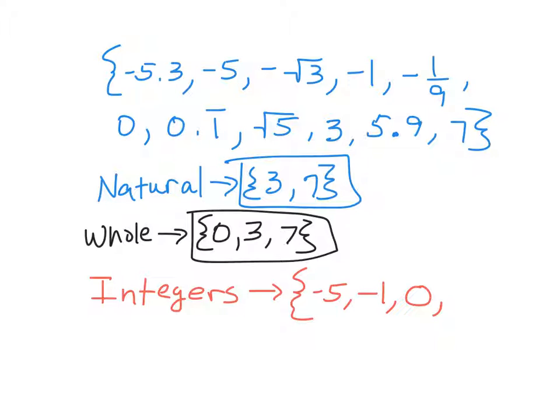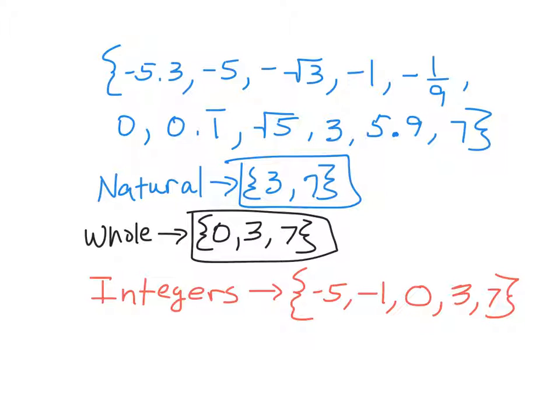Irrational. Okay. 3. Yes. 5.9. Why not? Okay, how about 7? Yes. Man, this class is on fire. You answered perfectly. Nicely done.